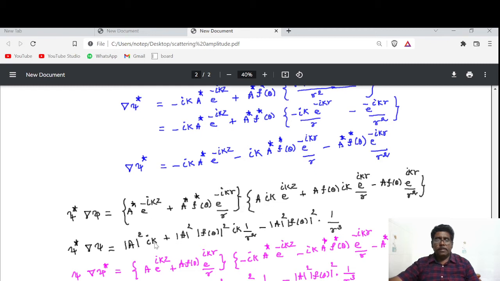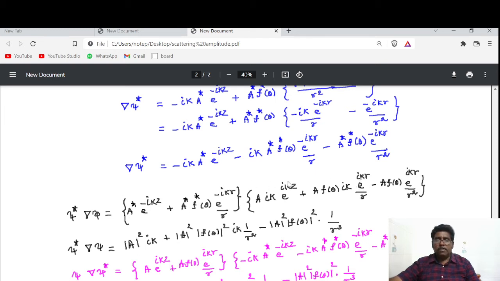A star A, absolute square of A. Then this ik is written as such. Then e^(-ikz) into e^(ikz) is e^0 equal to 1. So multiplication of these two terms is absolute square of A into ik. Then allow this term to operate on the second term. See here, the first term is present in e^(-ikz), but this term is present in e^(ikr).